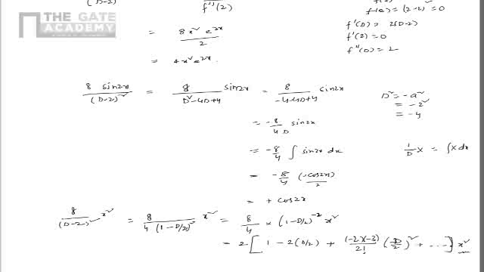So let's just simplify this. 2, this comes out to be 1. After simplification, this comes out to be 1 plus D plus 3D square by 4, plus so on, into x square. So this becomes basically 2 into x square.